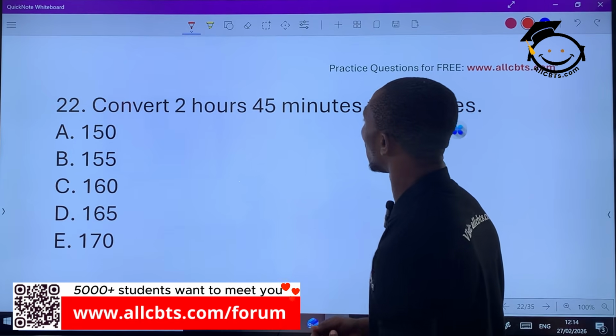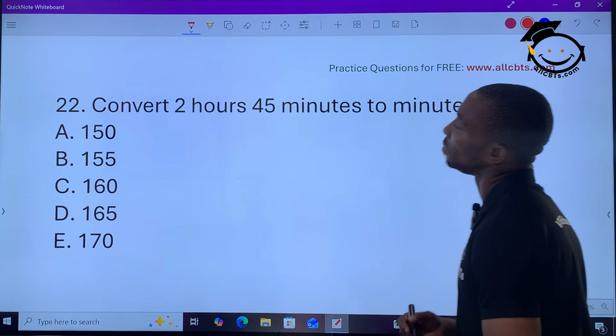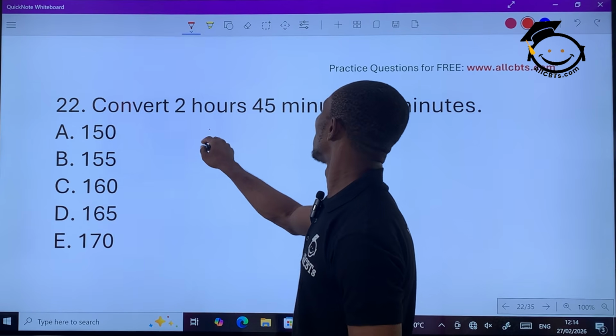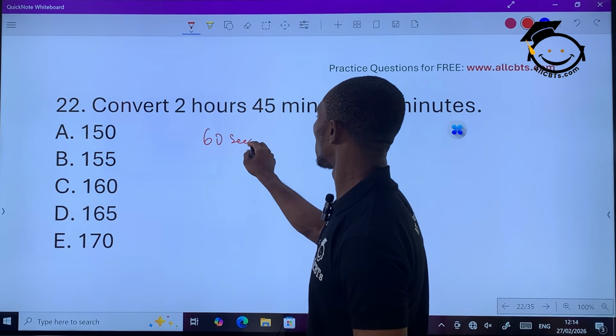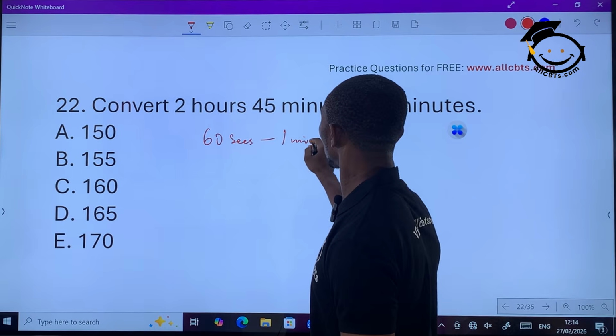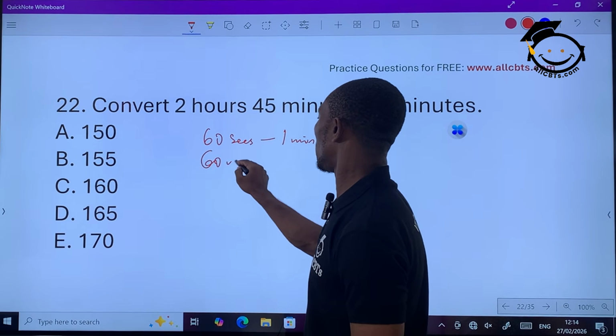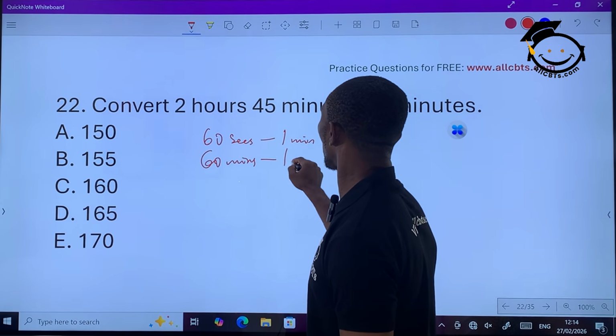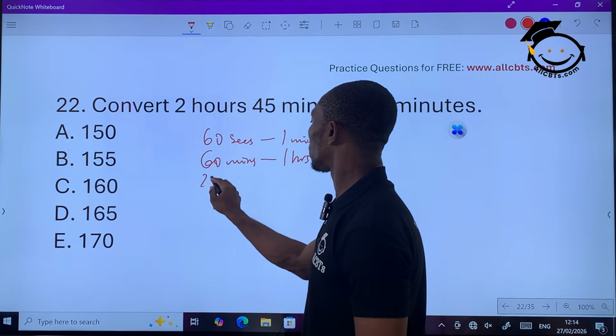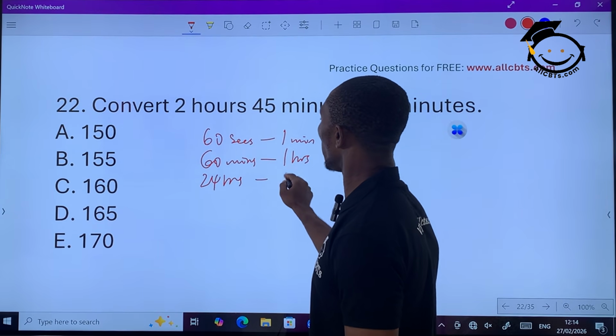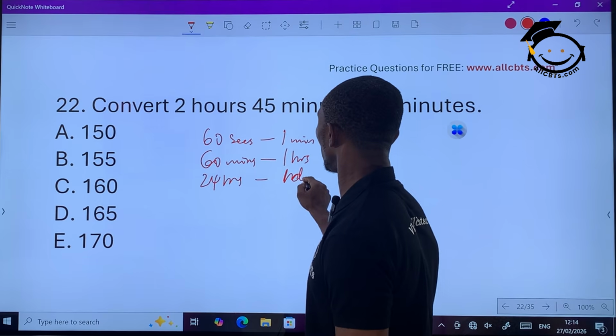Convert 2 hours 45 minutes to minutes. Now we know that 60 seconds make 1 minute, 60 minutes make 1 hour, and 24 hours make 1 day.